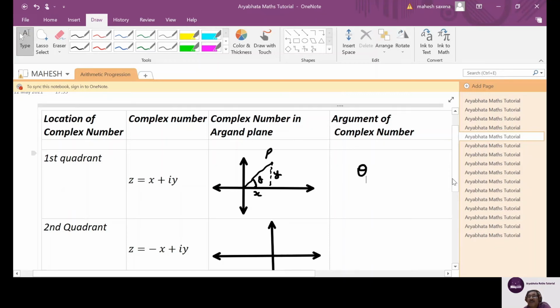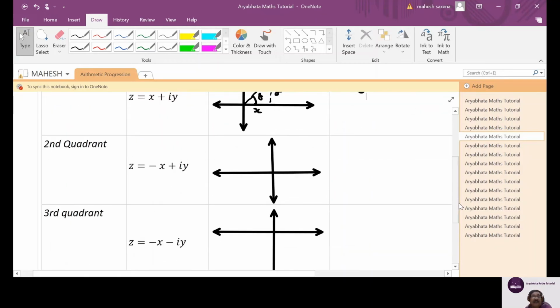Suppose it is in the second quadrant, then my point will be here, this distance will be x, this distance will be y. Suppose this angle is theta. Therefore, the argument is this one. In this case, argument is equal to pi minus theta.